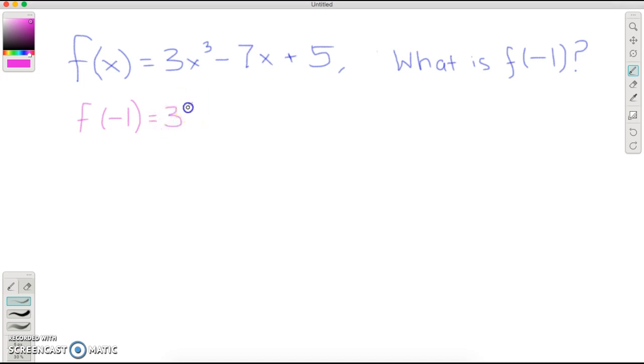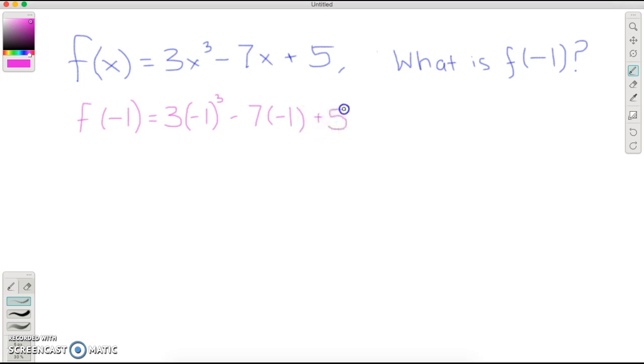And remember, whenever you're using negatives, you have to put parentheses around the negative number. You'll see why in a minute, why that's important whenever it comes to exponents. So 3 times negative 1 cubed minus 7 times negative 1 plus 5.